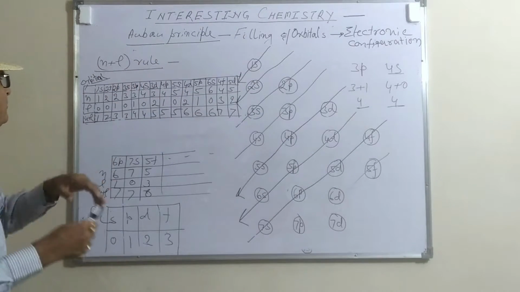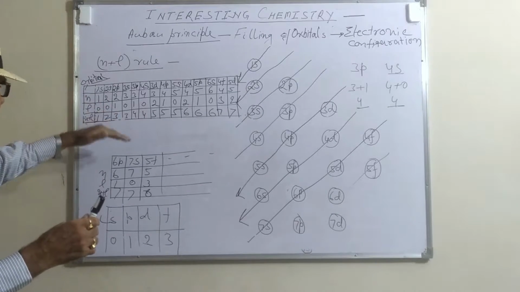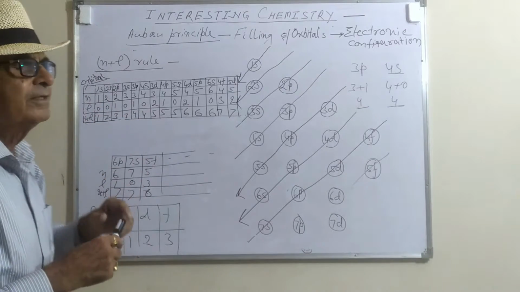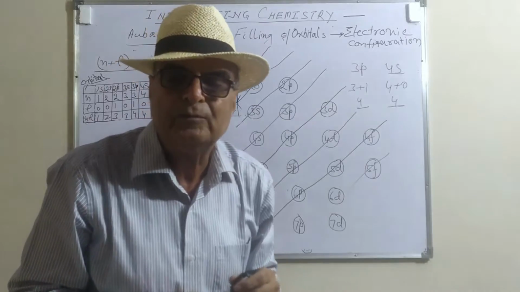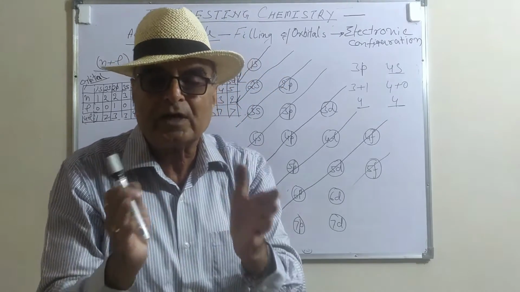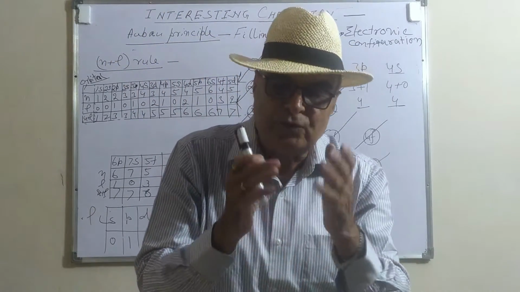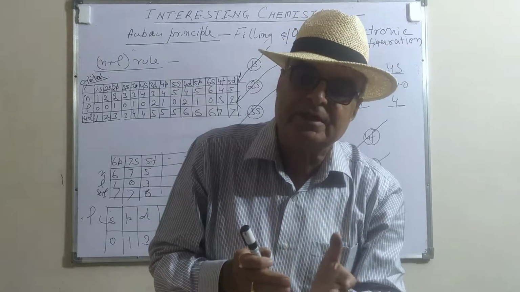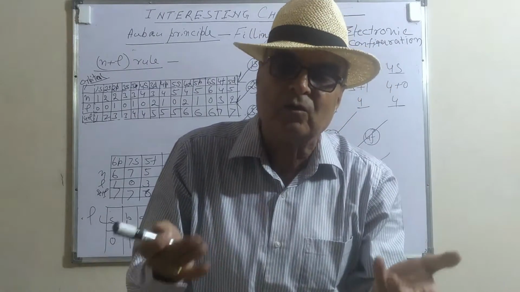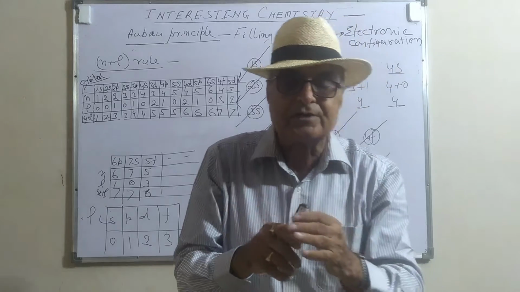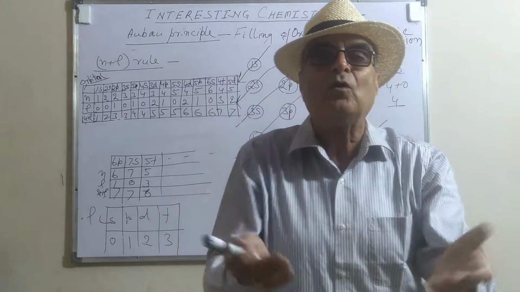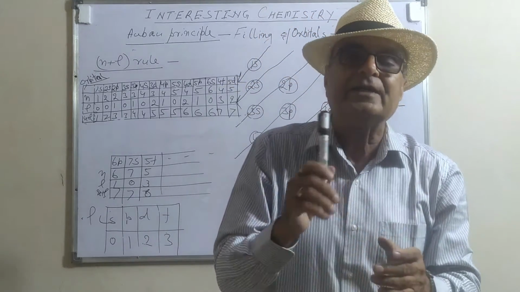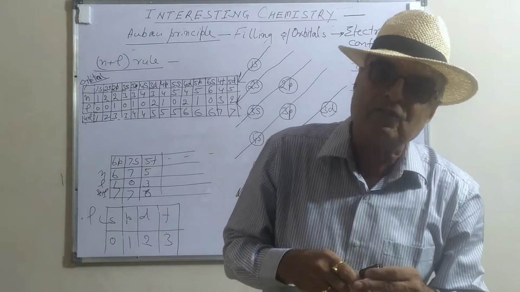Now you can find out which subshell will be filled first, in other words, in which orbital of the subshell the coming electron will go first.